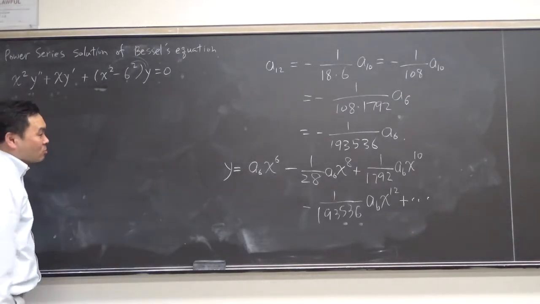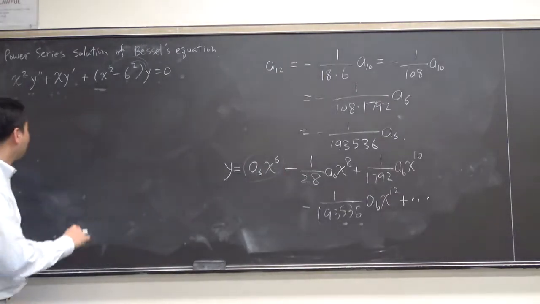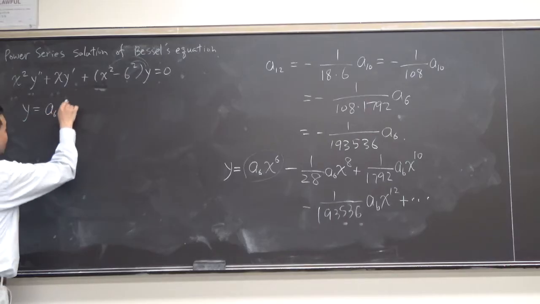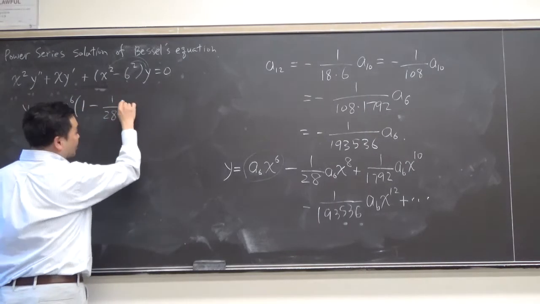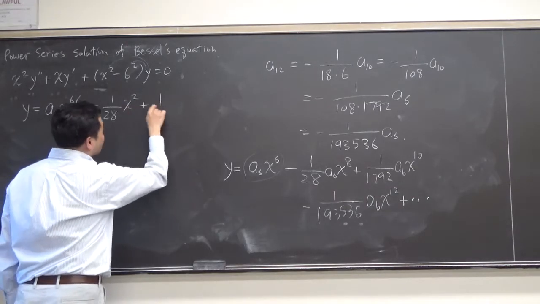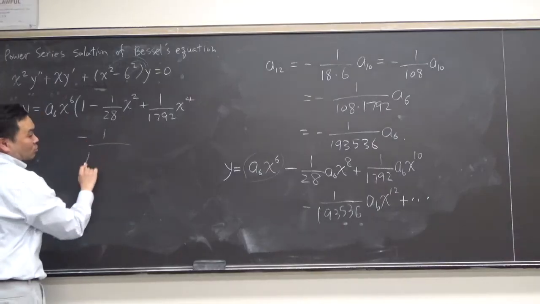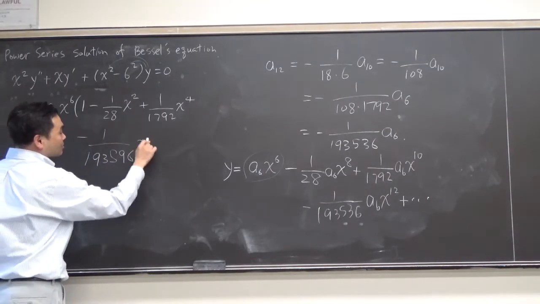Another thing that you want to do is factor A6 x to the 6th out so that it looks like A6 x to the 6th times 1 minus 1 over 28 x squared plus 1 over 1792 x to the 4th minus 1 over 193536 x to the 6th.